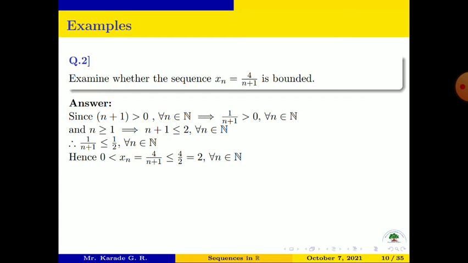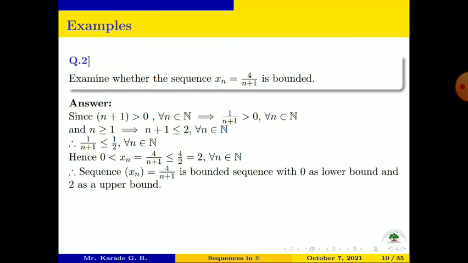So 4 upon n plus 1 is less or equal to 2 for all n greater or equal to 1, but the terms xn are strictly greater than 0, therefore 4 upon n plus 1 is greater than 0. So we observe here that the terms of the sequence xn are bounded by two real numbers 0 and 2. Therefore the sequence xn is equal to 4 upon n plus 1 is a bounded sequence with 0 as a lower bound and 2 as an upper bound.